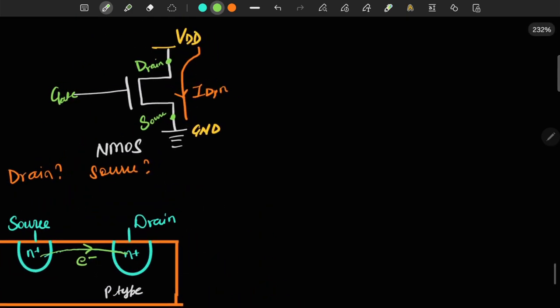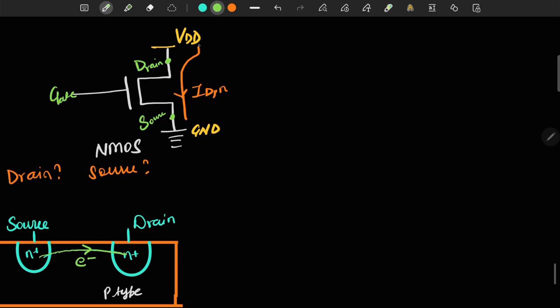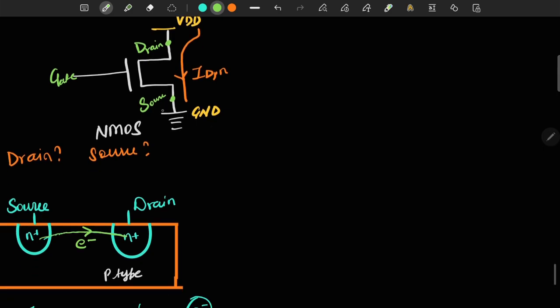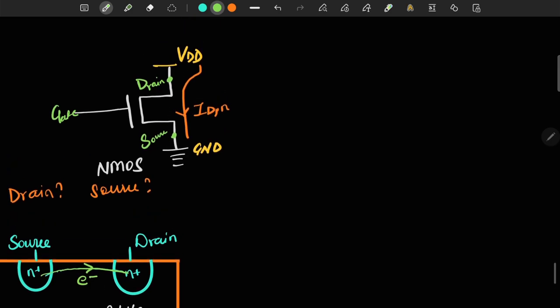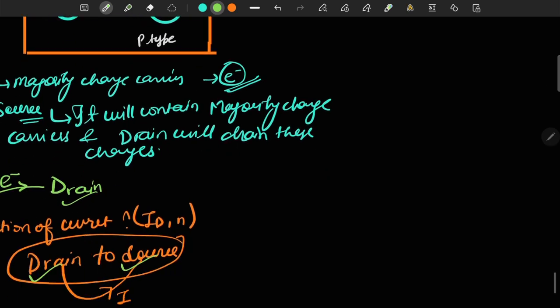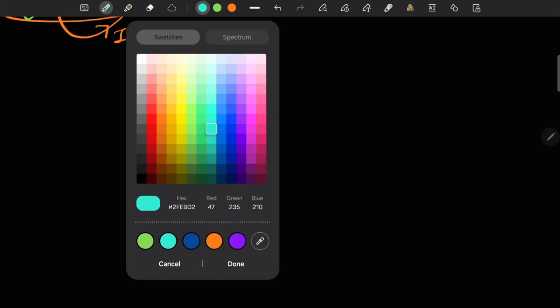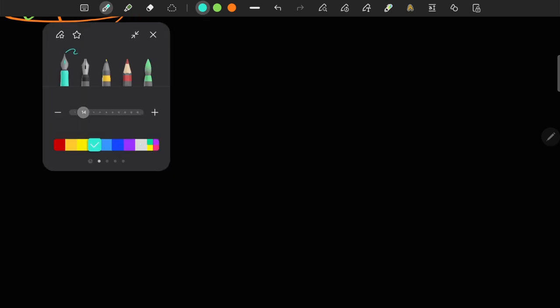Since the upper one is VDD and the lower one is ground, the current direction is VDD to ground, from drain to source. So the drain represents VDD and ground represents the source. From now on, you shouldn't say this is the source and this is the drain without knowing the actual meaning of it and without knowing the applied potential.